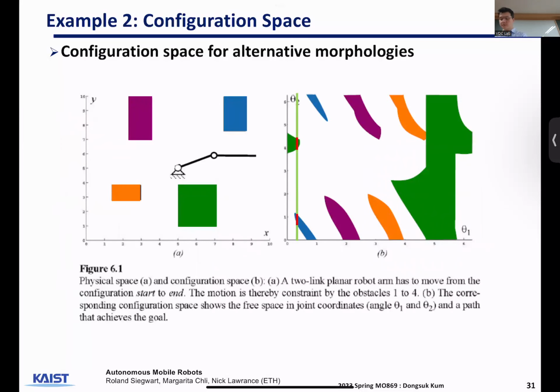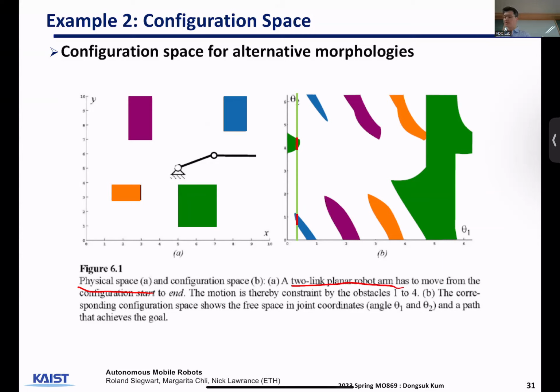Another example. On the left side, it's a physical space. Let's say there's a 2-link planar robot arm that has to move from a starting point to an end point while avoiding these obstacles.